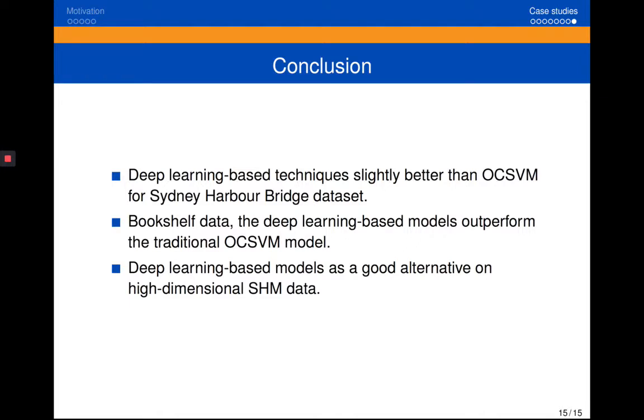As far as the bookshelf dataset is concerned, the deep learning models outperform the traditional one-class SVM model significantly, and the deep learning based robust anomaly detection models may serve as a good alternative, especially on high dimensional structural health monitoring data, for detecting anomalies or damages present within the structures.